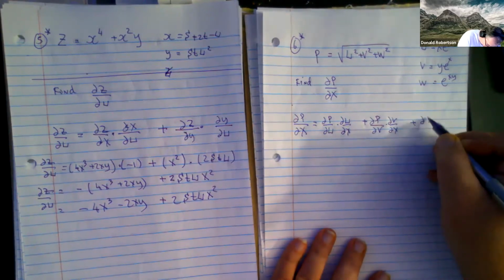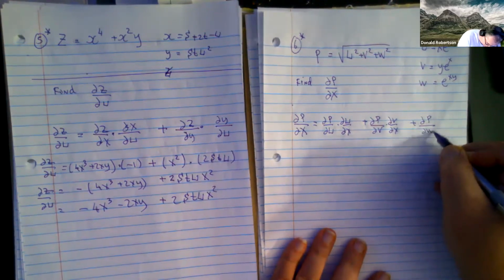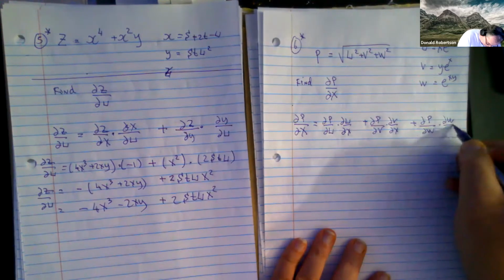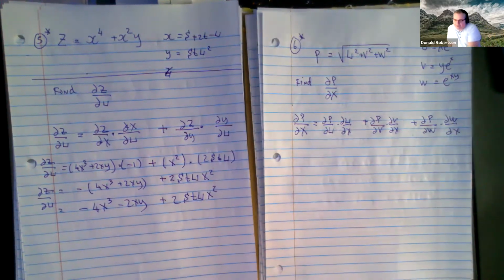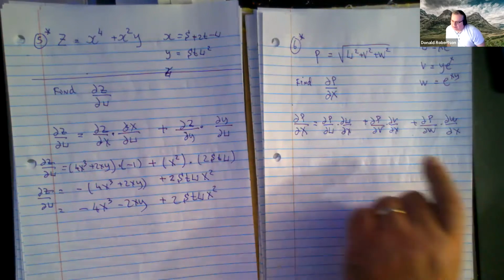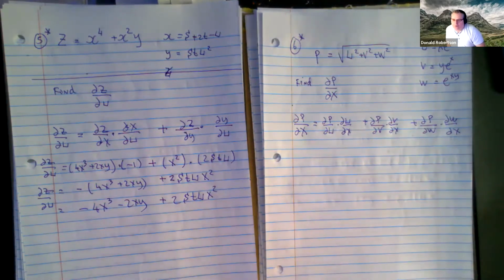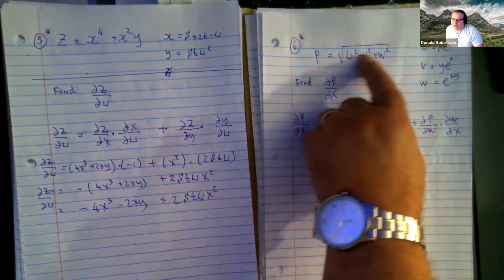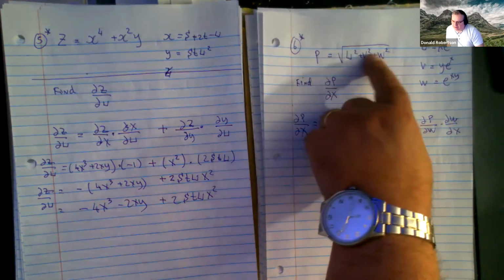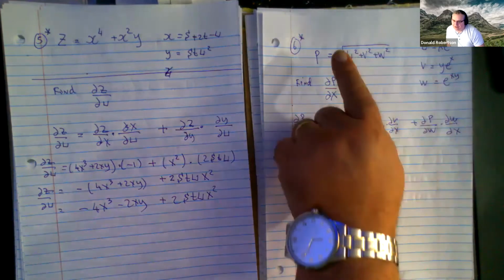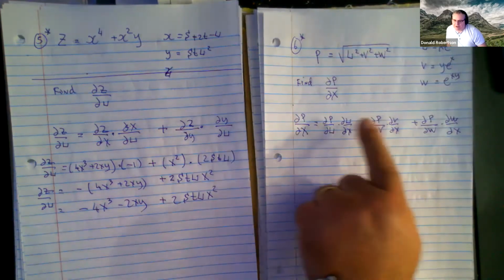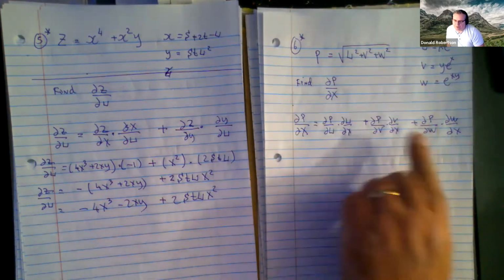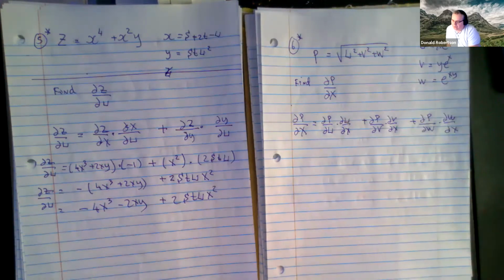And the partial derivative of P with respect to W times dW by dx. Are you comfortable about how these formulas are now getting generated? And the reason it's not a single formula, doesn't it depend how many variables are here, especially, right? If this guy's got 3, there are going to be 3 bits. If this guy had only 2, there'd be 2 bits, right?